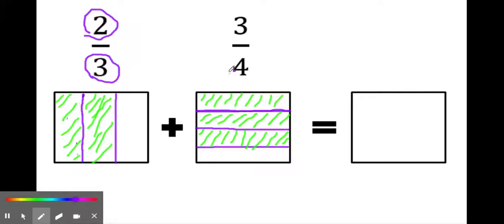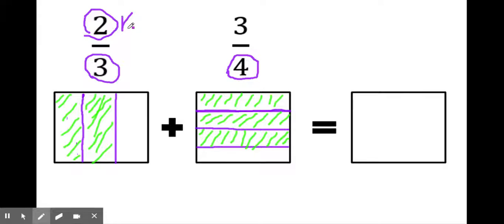Next, we're going to use the denominator from the opposite fraction to divide our first fraction. The denominator for 3/4 is fourths, so we're going to divide our 2/3 into fourths. Now you need to go horizontally to divide your first fraction.